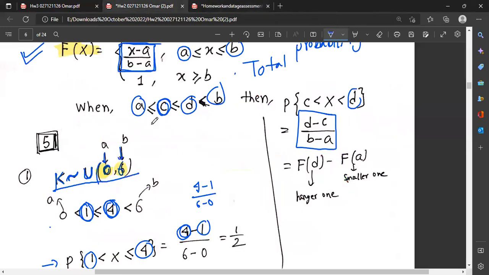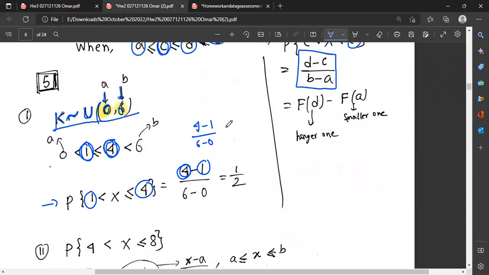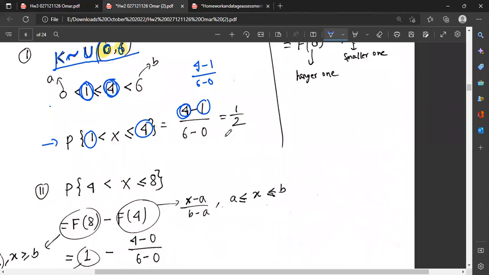So that's why the formula is f of this larger value minus f of this smaller value.